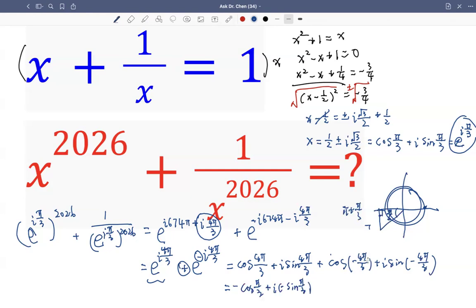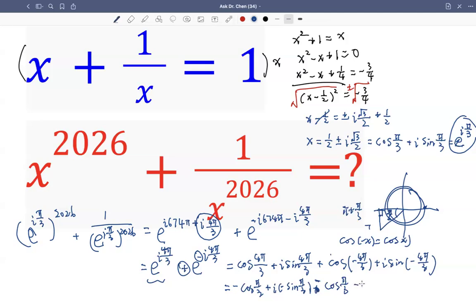Then cosine of a negative number. Remember, cosine is an even function. Cosine of negative x equals cosine x, right? So it's an even function. So this is still cosine 4 pi over 3, which is negative cosine pi over 3.